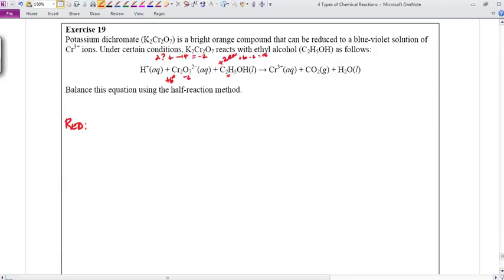You will have to use all your fingers and toes if necessary. We're lucky here because that is its charge, and that carbon is a +4. Think about it. And you know that hydrogen's a +1, oxygen's a -2.